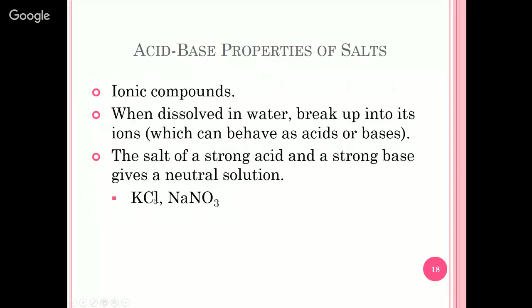If you are the anion that came from a strong acid, chlorine, bromine, iodine, nitrate, the perchlorate or chlorate ions, any of these are not going to be able to participate in reacting with water to create a pH.